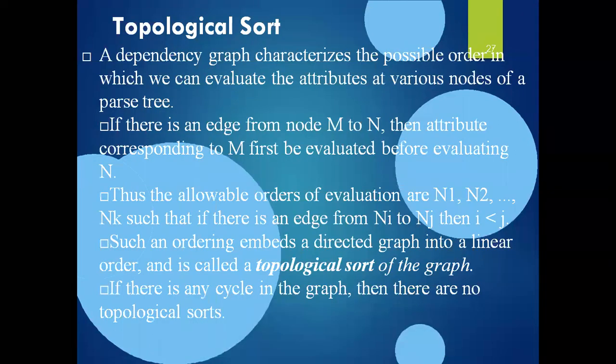The next concept is topological sort. First you need to know what topological sort means. If an ordering embeds a directed graph into a linear order, then that can be called a topological sort.